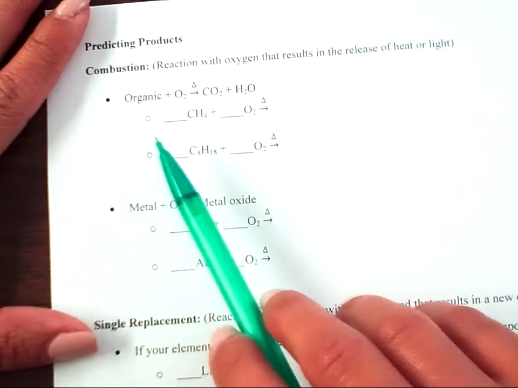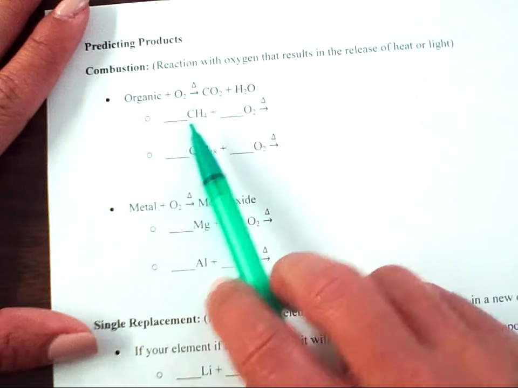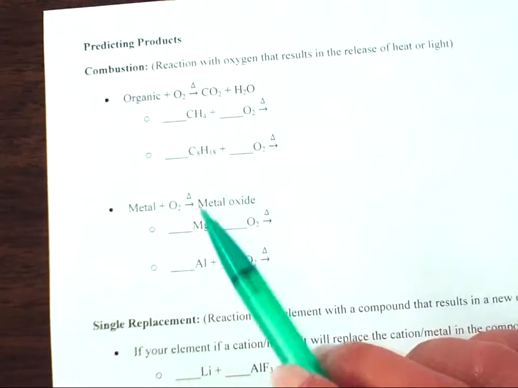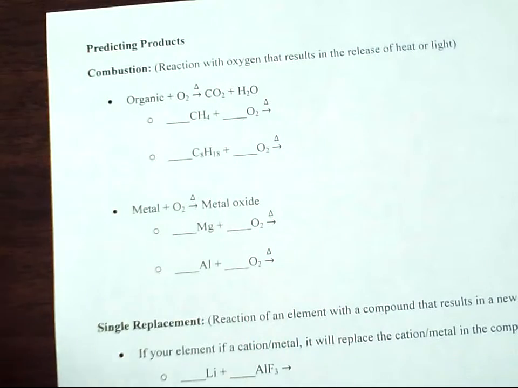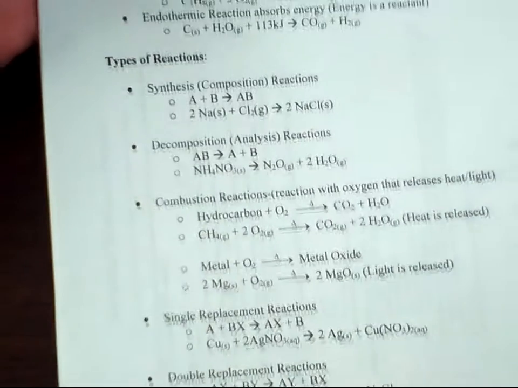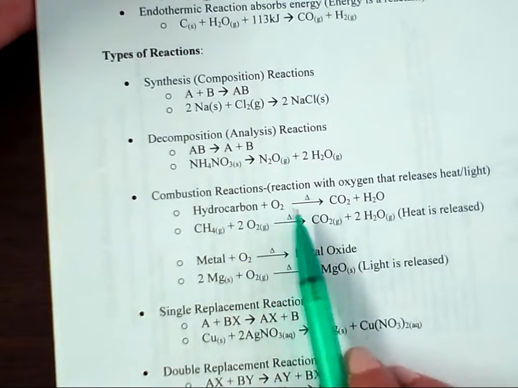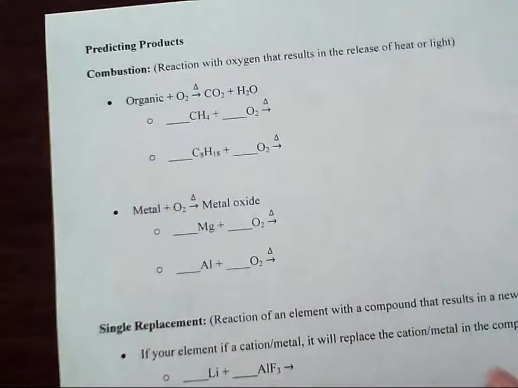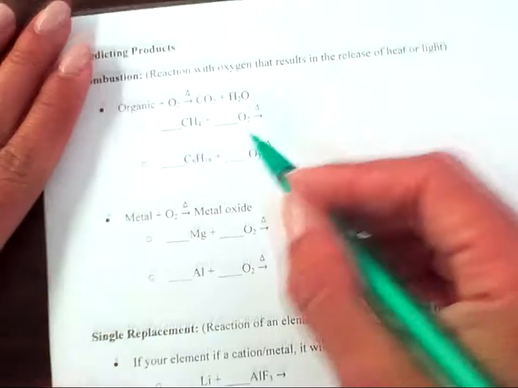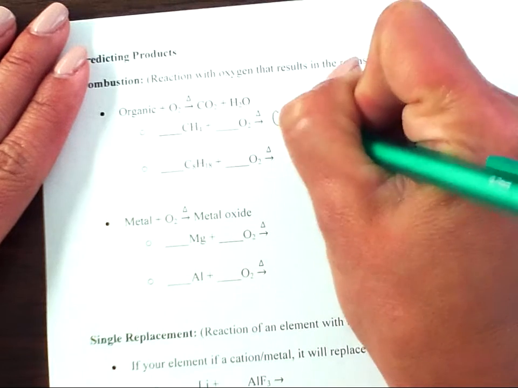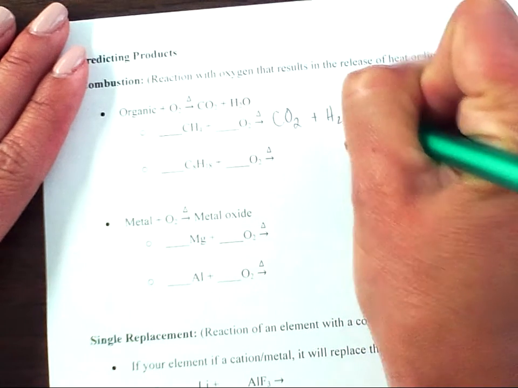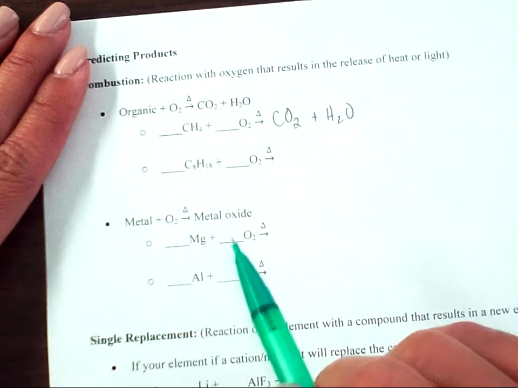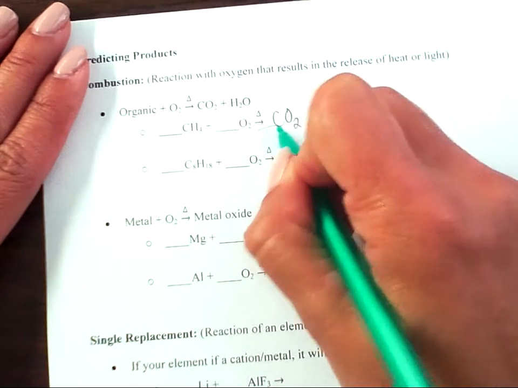In this case, if we were to have a carbon with a hydrogen and an oxygen, there's the triangle to tell us that it is a combustion reaction. This shows us that the product would be a carbon dioxide and water. So whenever predicting this, we can go ahead and write the CO2 plus H2O. That's our prediction. Next, we can balance the equation.